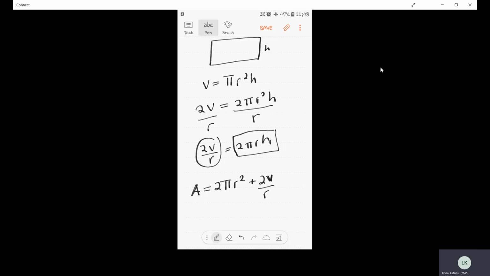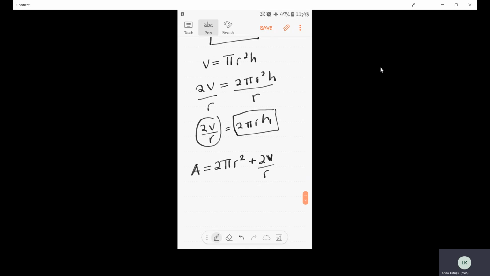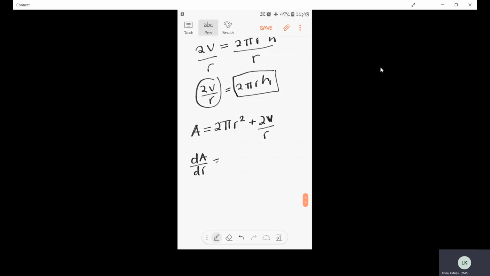Then what you do, because we want to minimize, we always have to work out our critical points and then use the second derivative to test them. So I find dA/dr, and this is equal to 4 pi times r.